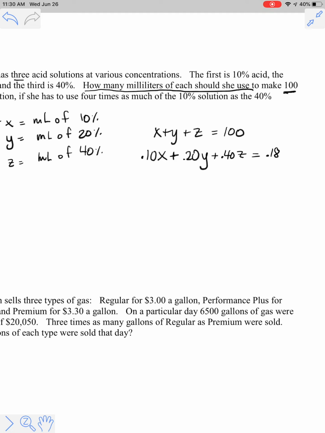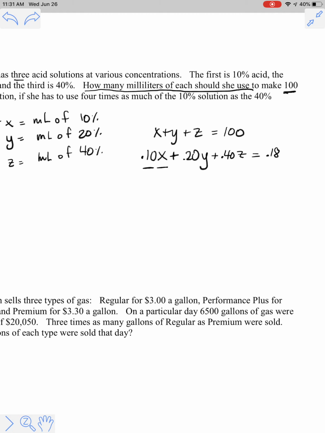I see several students on a problem like this would stop here, but the way a concentration is set up, if you look at the left side of this equation, it's always a concentration multiplied by an amount. Same here, we have a concentration multiplied by an amount, and we have a concentration multiplied by an amount.